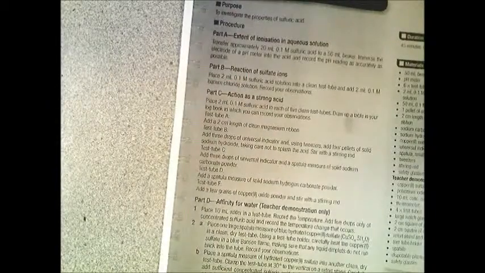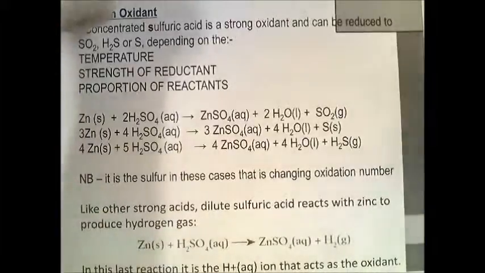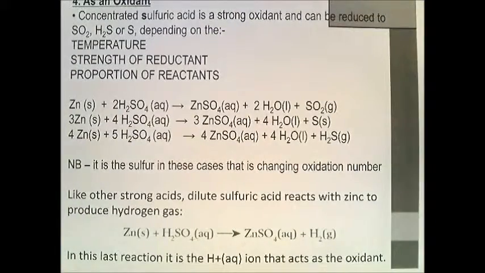Okay, now I guess the sort of final one is action as an oxidizing agent. Now, with these types of questions, I'm going to be just assuming knowledge from chapter 5, which is the redox chapter, and all I want you to be able to do is write half equations and determine oxidation numbers.